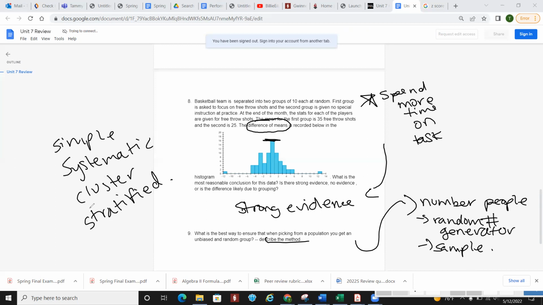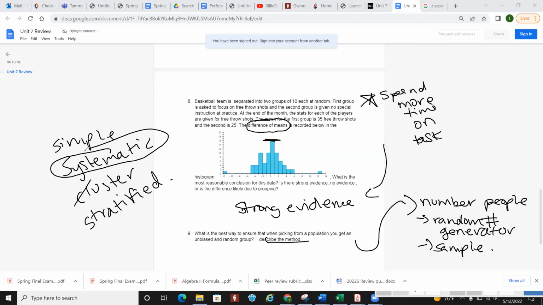So cluster would be like, hey, everybody who likes language arts, go stand over here. Everybody who likes math, go stand over here. And then I would only pull a certain group. Well, that would probably create biases, so probably not the best idea, okay? Systematic would be that I number y'all off and every third person would be in a group. So that would really create some type of random sampling and unbiased, okay?